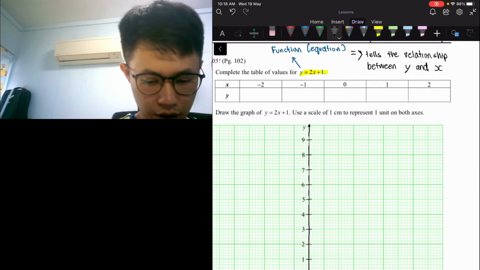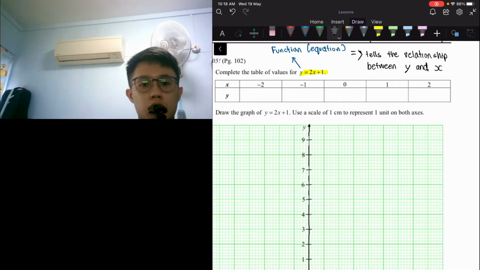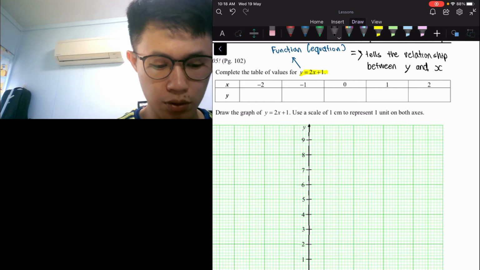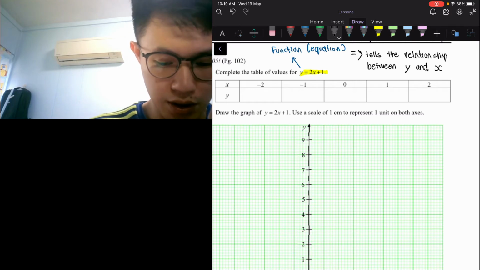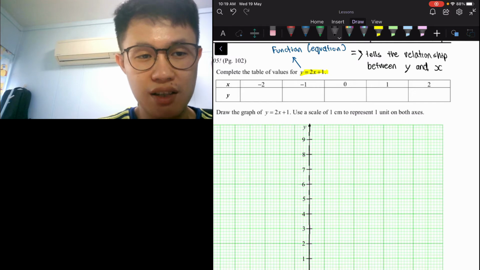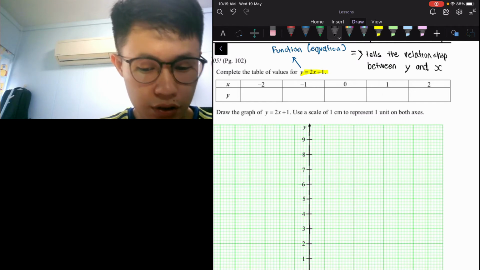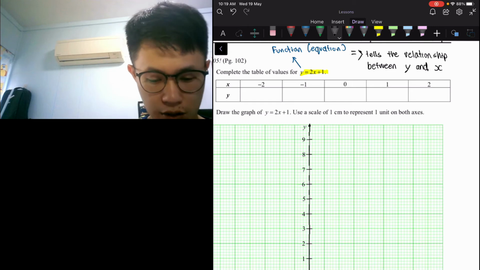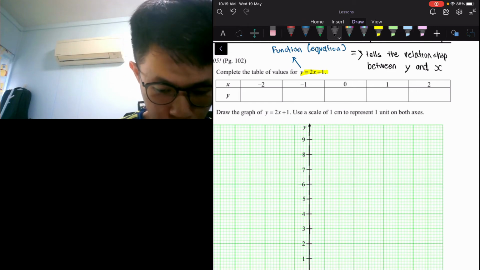Okay, it's actually quite straightforward. It's not too difficult. Okay, all functions exist as a graph. Whether it's a straight line or not depends on what kind of equation it is. In this case, we're going to try to figure out how to draw this.